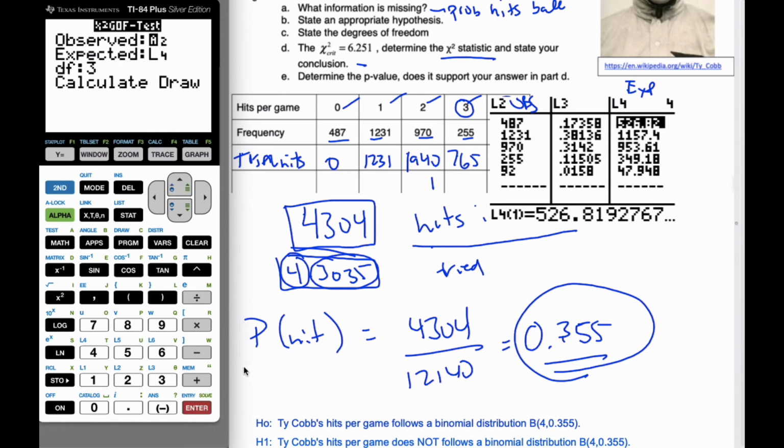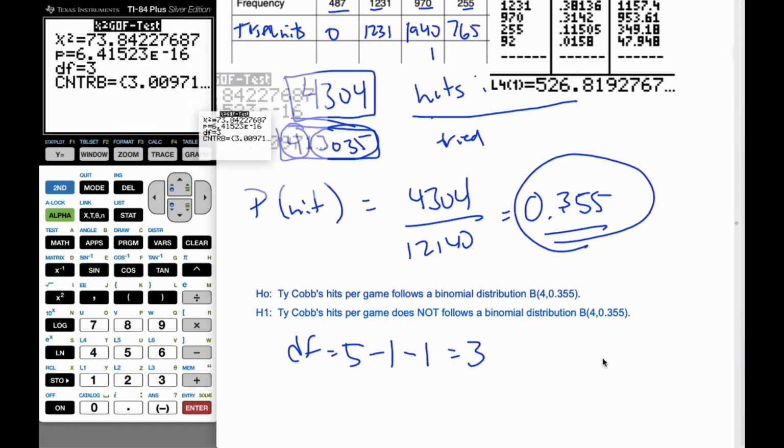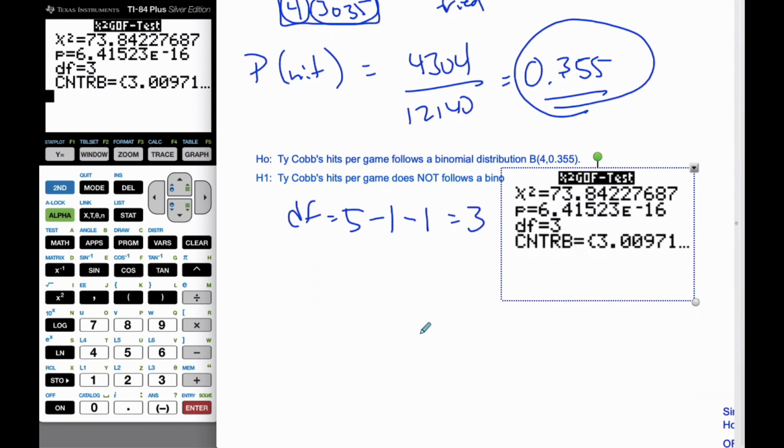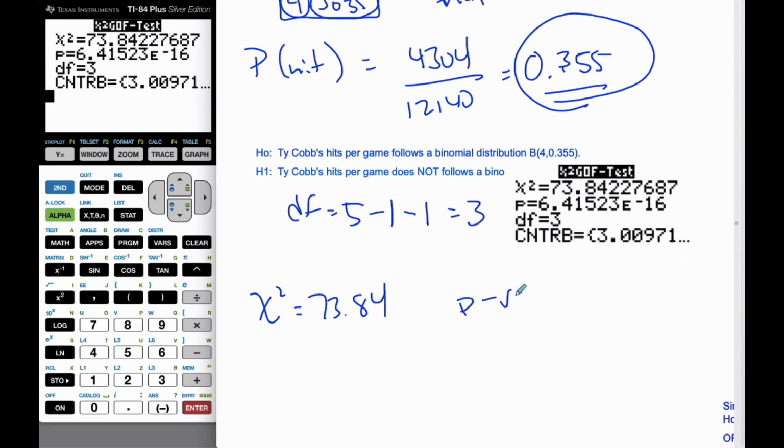Our observed is in L2, expected is L4, degrees of freedom we got already to be 3, and we're going to calculate that. And so here is all the important information we can come up with. And so I know that my chi-squared statistic is equal to 73.84, and my p-value is approximately 0.